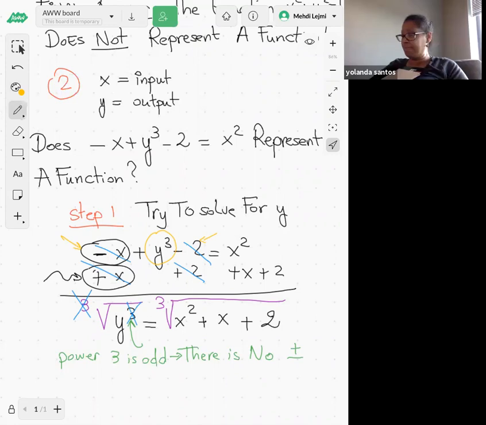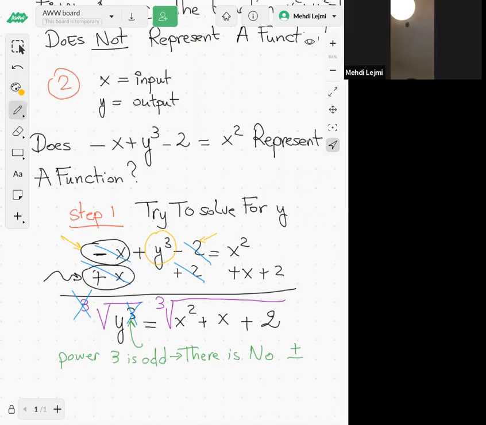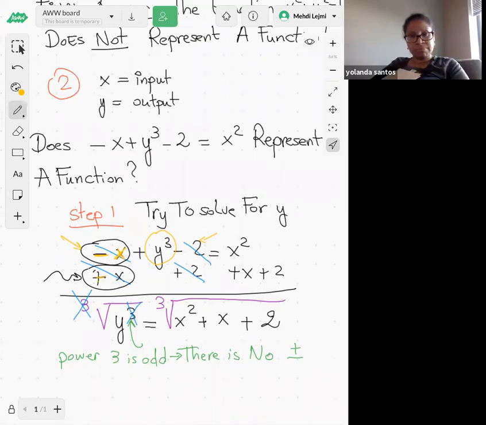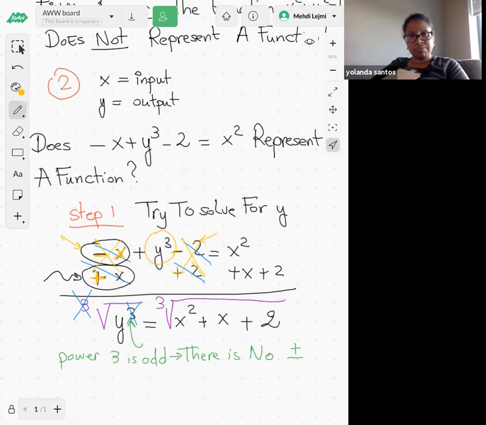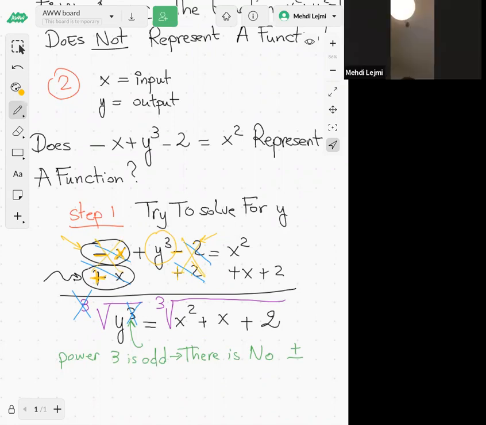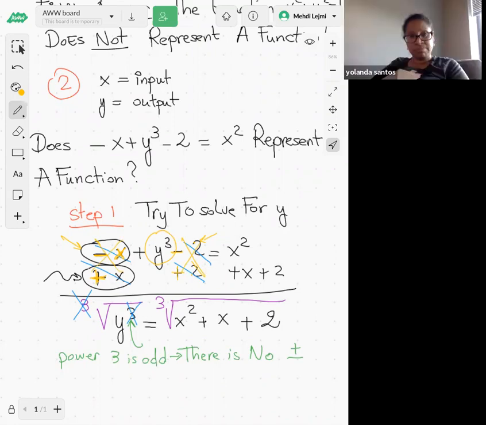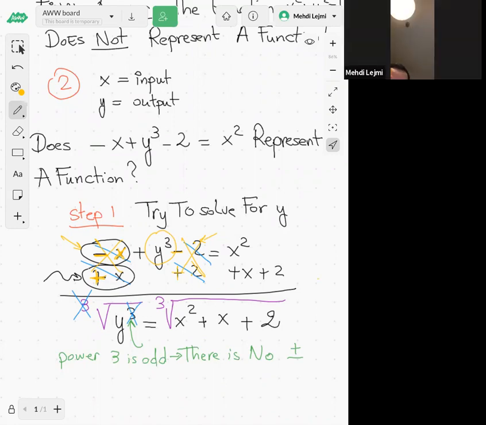The way to do it is to do the opposite operation. If you have minus x, the opposite operation to subtraction is plus. Here it's the same, minus 2 plus 2. They cancel out, and that's why I got my y cubed. Don't forget, you need to do the same operations on the right side.